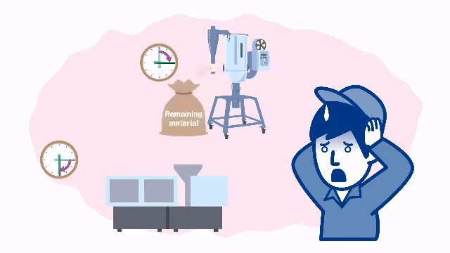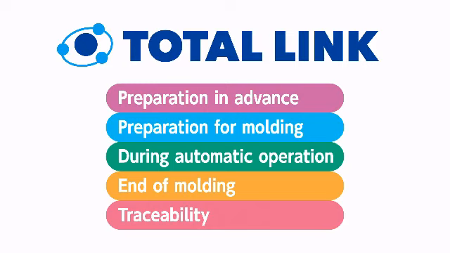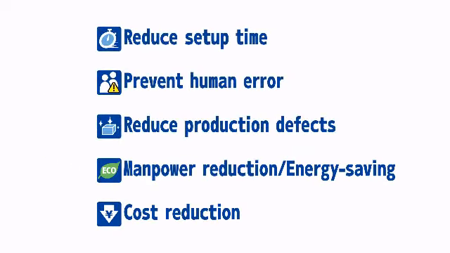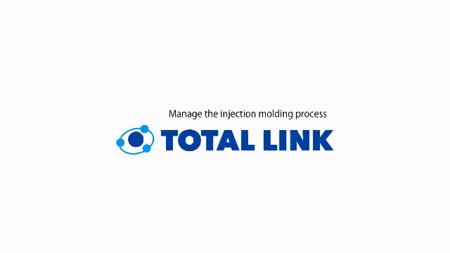Useless time for purging remaining material and useless cost of disposing of them. There are a lot of problems. From preparation in advance to the end of molding. HARMO's Total Link is managing and setting peripheral equipment all together. Total Link is to solve problems in process of injection molding as a whole. Manage the whole process of injection molding with Total Link.